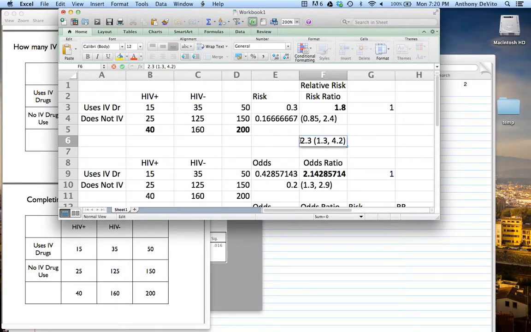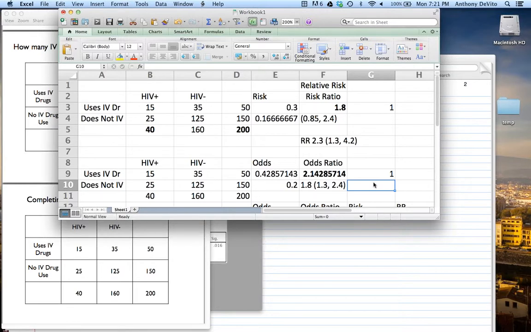So in an abstract for a study, you might actually see this reported that way. You might see the relative risk was 2.3 with a 95% confidence interval of 1.3 to 4.2, or similarly you might see the odds ratio calculated this way, that the odds ratio for this exposure was 1.8, right, with a confidence interval of 1.3 to, I don't know, 2.4 or something like that.